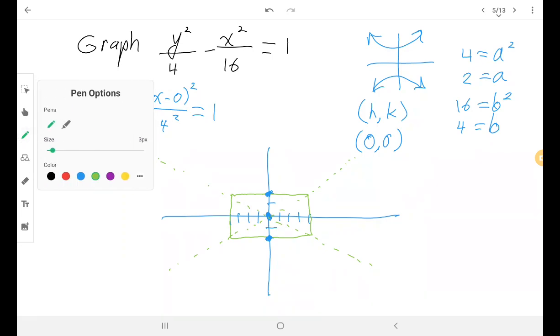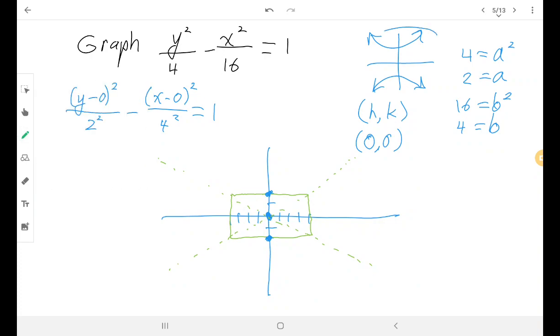And now that I have all of that information, and I know generally what it looks like, I can start at a vertex and follow the asymptotes and get a much more accurate picture of what that hyperbola looks like.